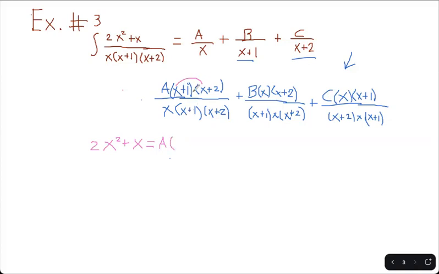So this is going to become x times x is x squared, right? X times 2 is 2x. 1 times x is x, and 1 times 2 is 2.